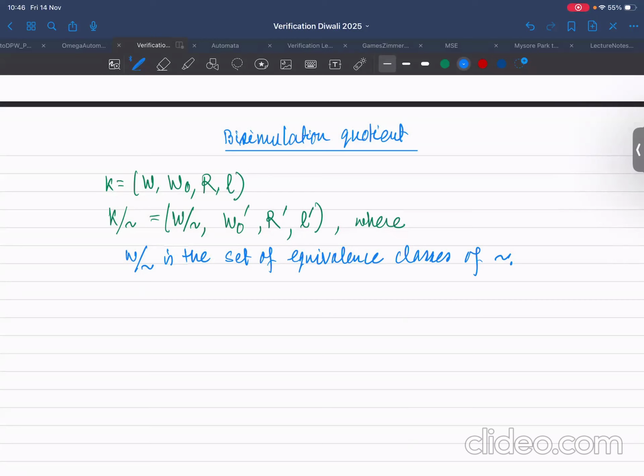And W0 prime is the set of the classes of S0 such that S0 belongs to W0.